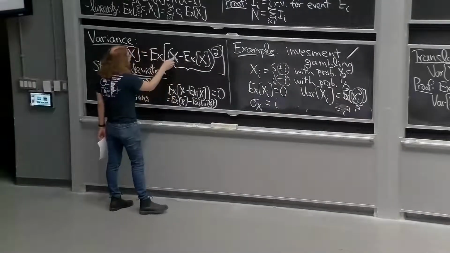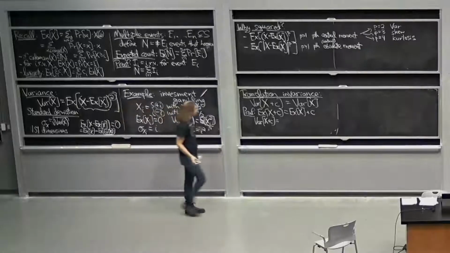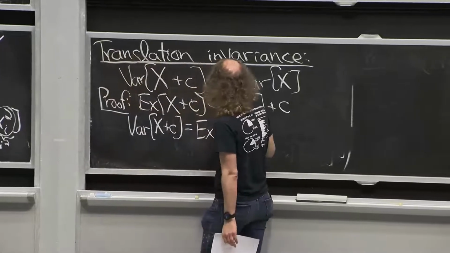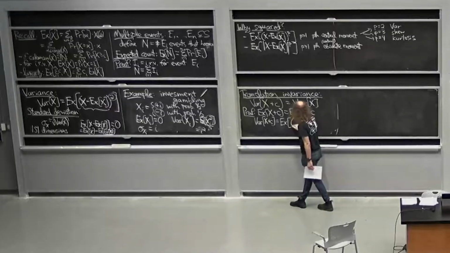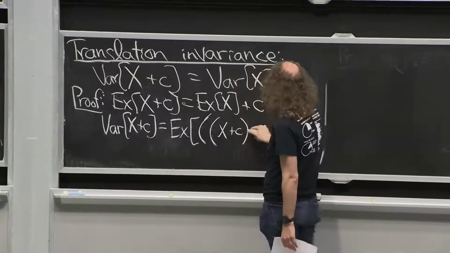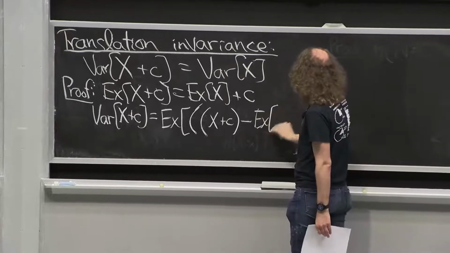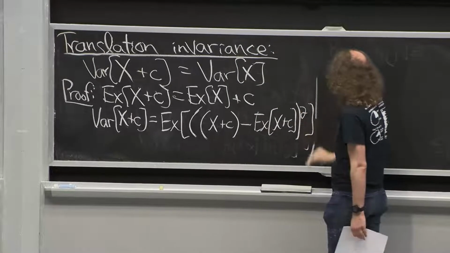We want the expectation of x minus the expectation of x, but now x is x plus c, squared. The first x is actually x plus c, and then we have minus the expectation of x plus c, and then that's squared, and then we close the expectation.